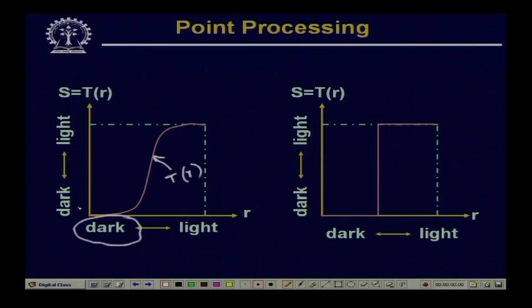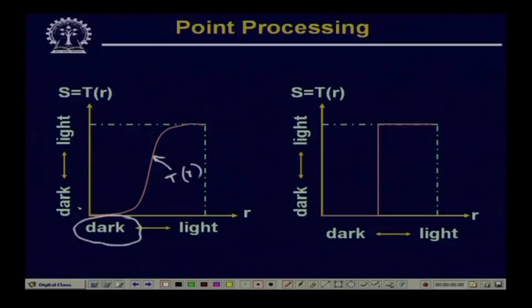So, it is quite obvious that in an image, if the intensity values of the pixels are near about 0, that is very small intensity values, those regions appear as very dark, and the regions with higher intensity values appear as light regions.